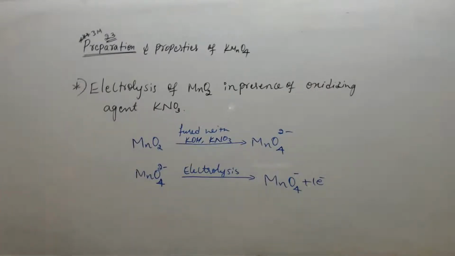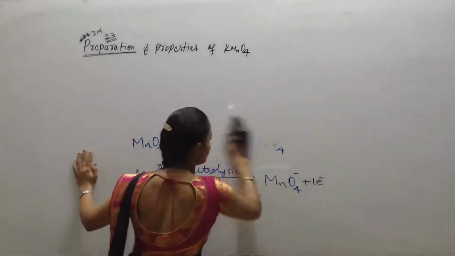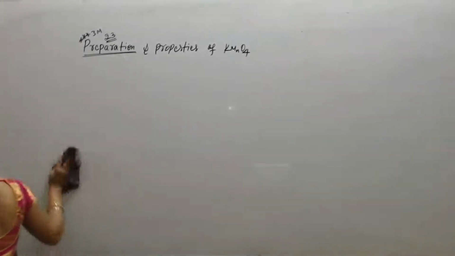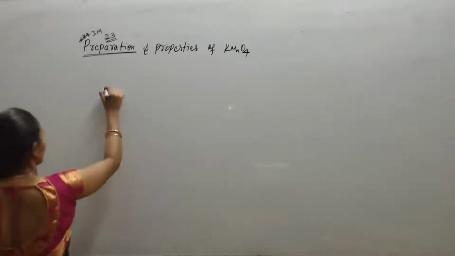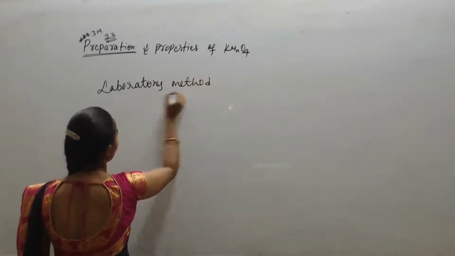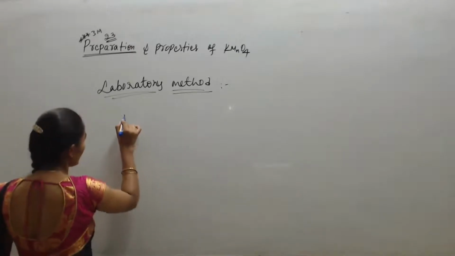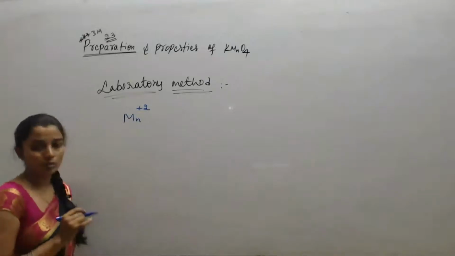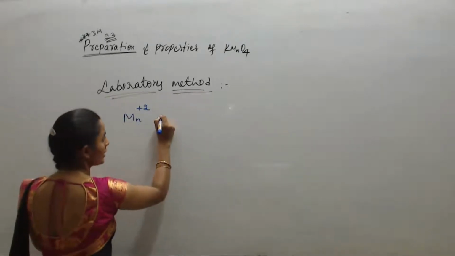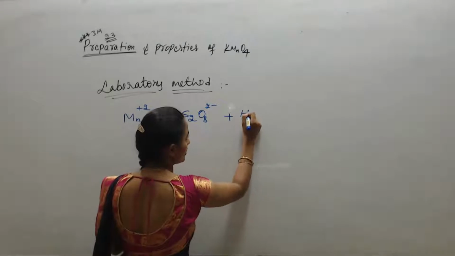Next one is the laboratory preparation. In the laboratory method, any Mn plus 2 compound, whatever it may be, reacts with peroxydisulfate in aqueous solution.